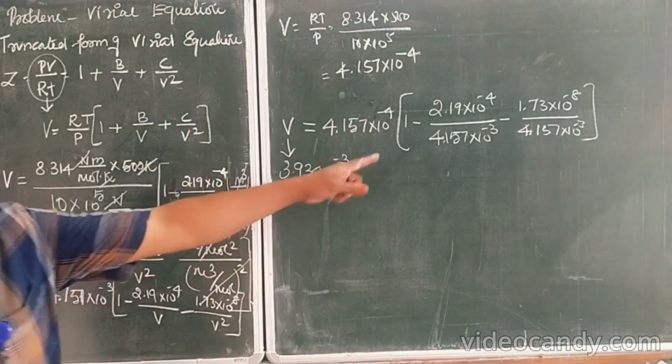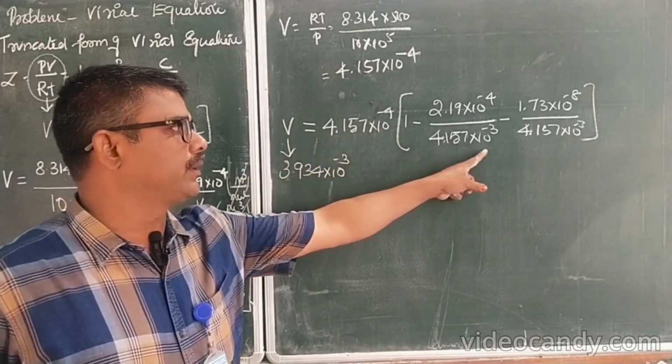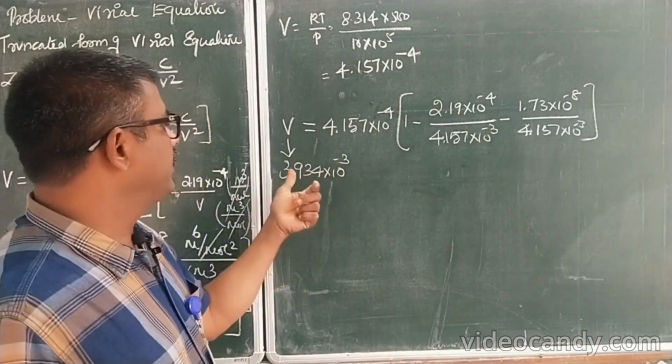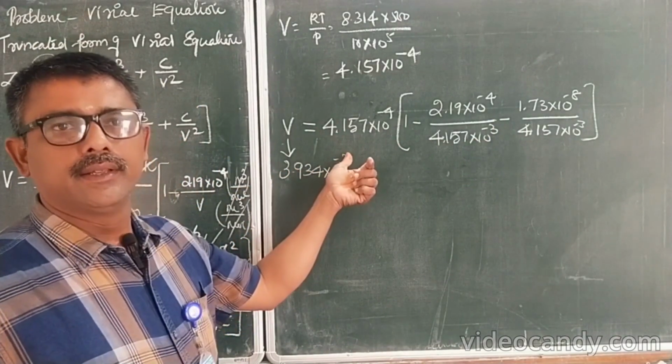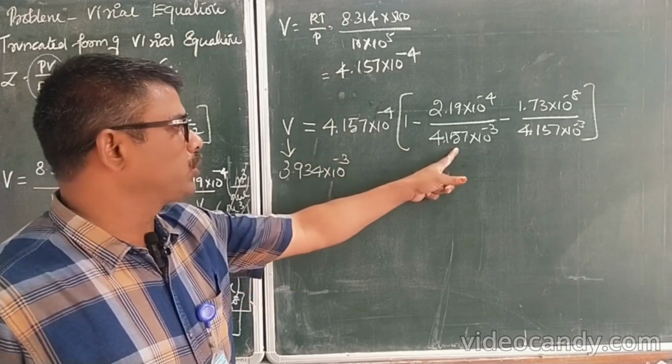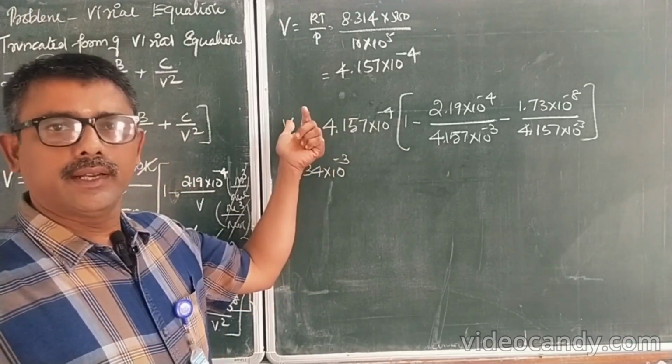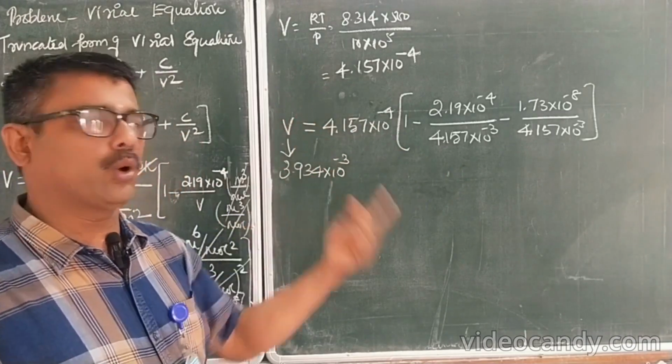The substituted value is 4.157 into 10 to the power of minus 3. The predicted value is 3.934 into 10 to the power of minus 3. There is a difference between substituted and predicted. Hence, I have to go for one more trial.